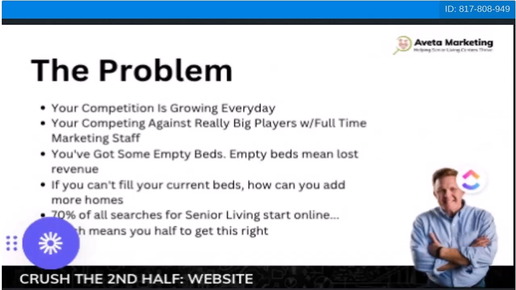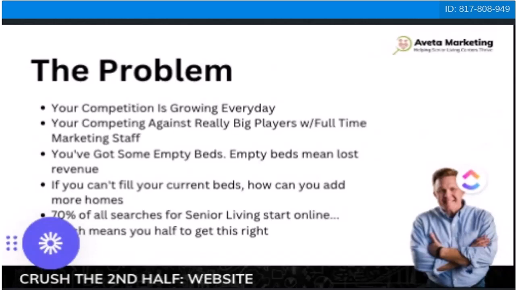And then the other just glaring thing is if you've got empty beds, then that means there's a revenue loss. If you're licensed for 12 beds and you've only got 6, then you can look at the opportunity cost of not having those beds full.